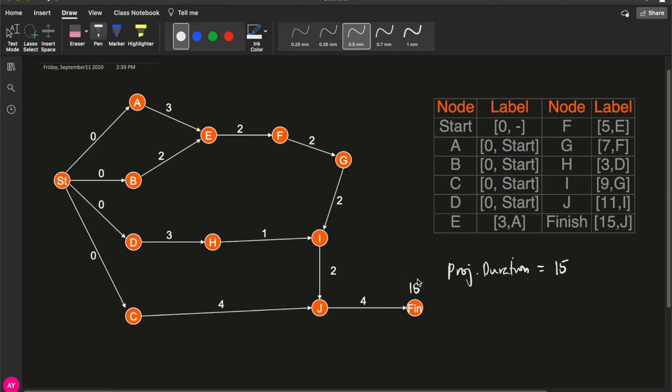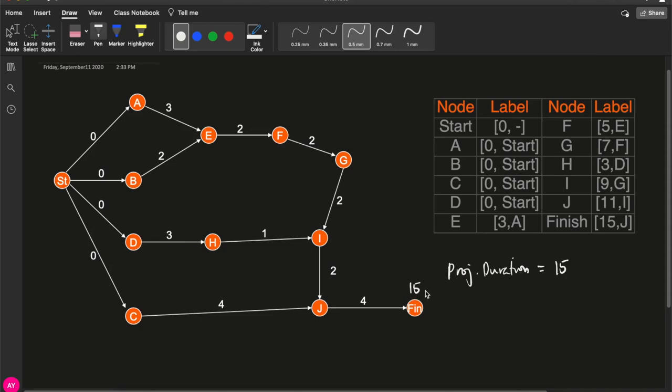Let me propose a different way of understanding 15. Instead of 15 being the duration of the longest path, can't it be that 15 is the earliest time that we can, in quotation marks, start doing finish? I know it's a bit weird to say we are starting to do the finish node, but technically, once you are done with everything, you can say you are finished.